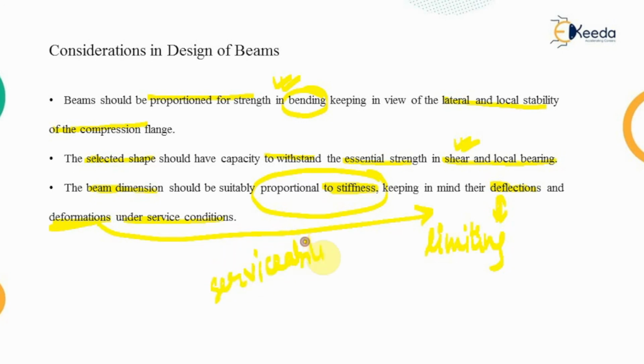That's why under the serviceability condition the structure may be failing, and so the beam dimensions should be proportioned in such a way that we achieve the required stiffness.